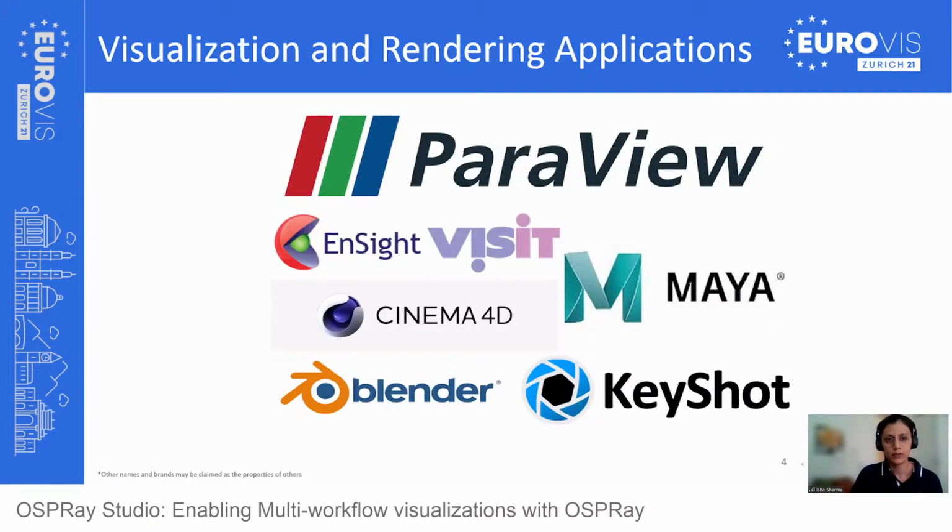Now, there are different visualization and rendering applications currently available. And the different classes of rendering applications and visualization applications differ mostly because of their domain applications. For example, ParaView, Insight, and Visit are most well known for scientific visualization, and while Blender and Maya for 3D content creation, and there are other applications for rendering.